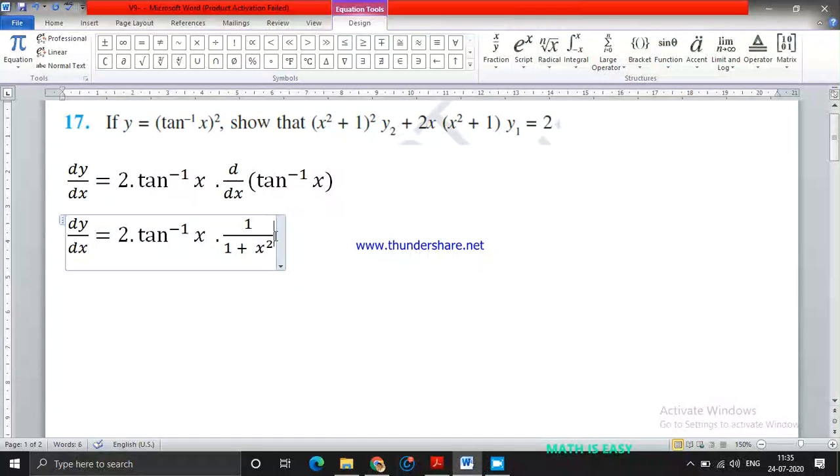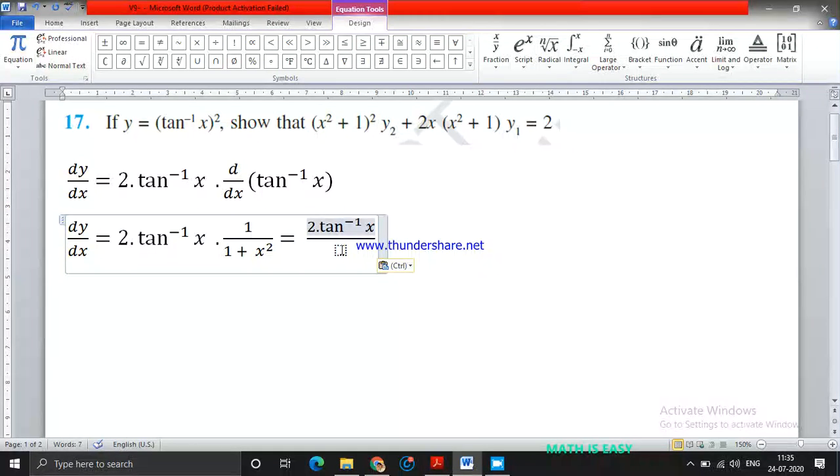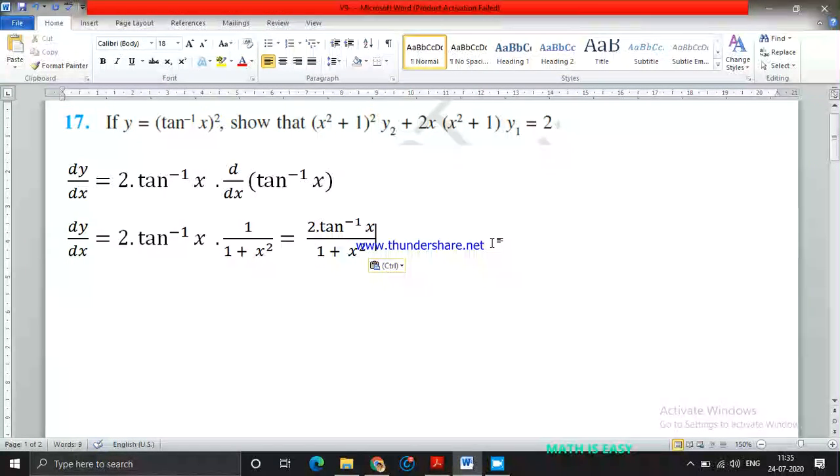Okay, this is the derivative of tan inverse x. So the same thing you can rewrite it as 2 tan inverse x upon 1 plus x square. Just rewriting the terms in a different way. So this is dy by dx formula.